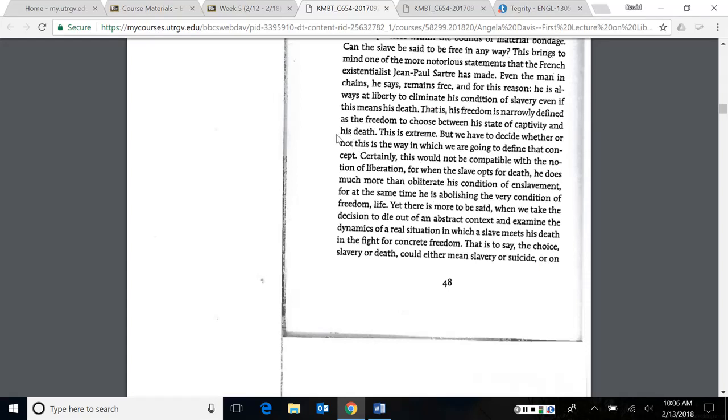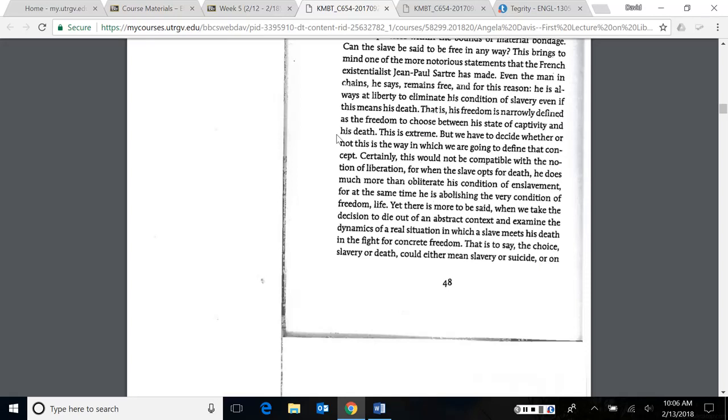And she, of course, thinks about this in terms of, well, if you're a slave and you have chains on you, you can still choose to end your life, right? But that's the contradiction here, right? If you are a slave and you can still break free, isn't that impossible?